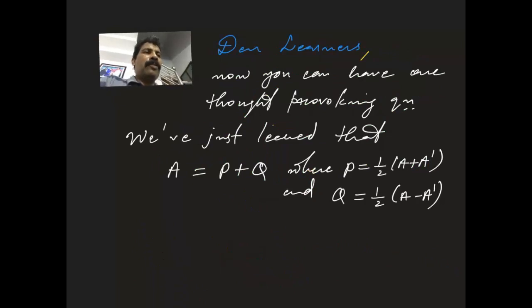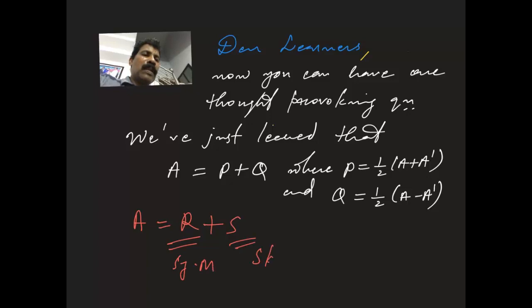Dear learners, now you can have one thought-provoking question. We have just learned that every square matrix capital A could be written as P plus Q, where P is equal to half A plus A dash, which is a symmetric matrix, and capital Q is equal to half A minus A dash, which is a skew symmetric matrix. Suppose another student is writing capital A is equal to R plus S, where R is a symmetric matrix and S is a skew symmetric matrix.